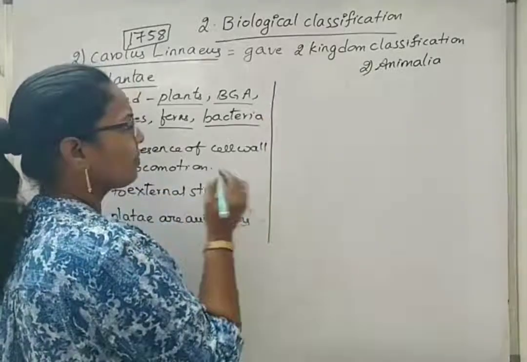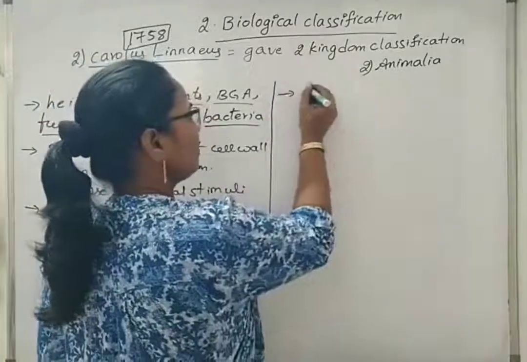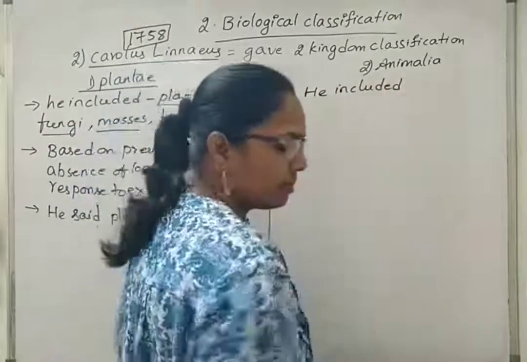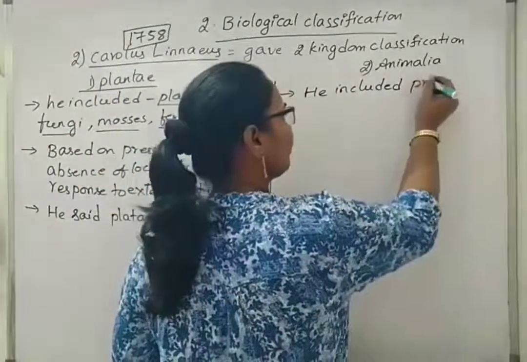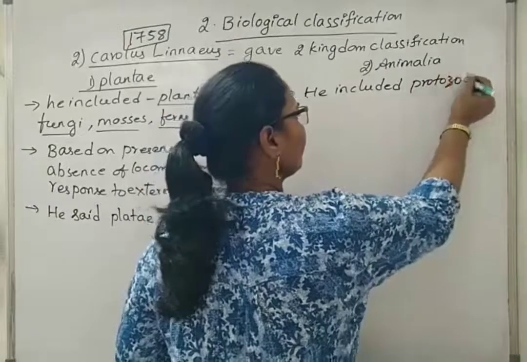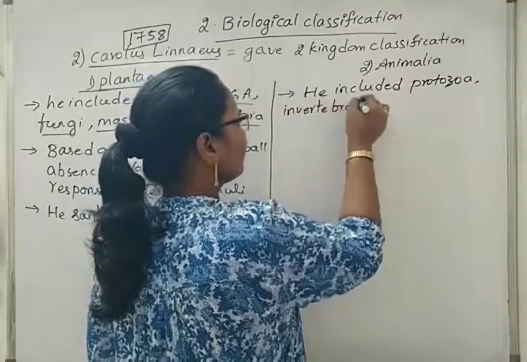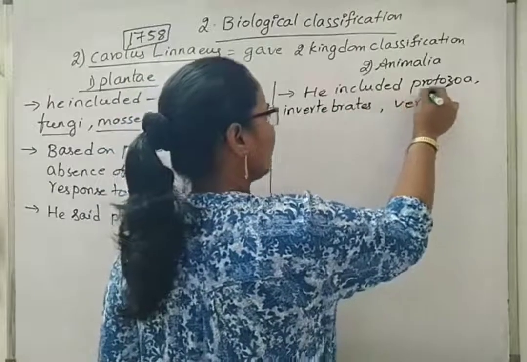Under Animalia, he included protozoans, invertebrates, and vertebrates.